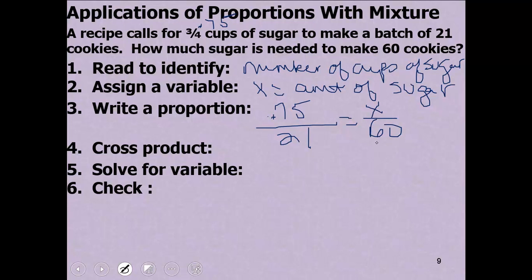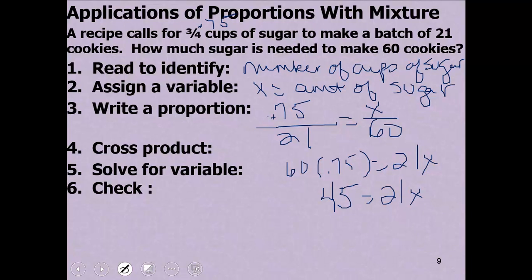So I have 60 times 0.75 is equal to 21x. So I get 45 is equal to 21x. Then I'm going to divide by 21, and it says that I need 2.1 cups of sugar. Just like that.